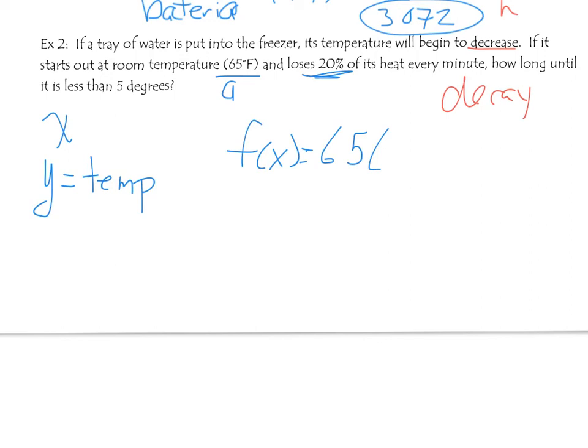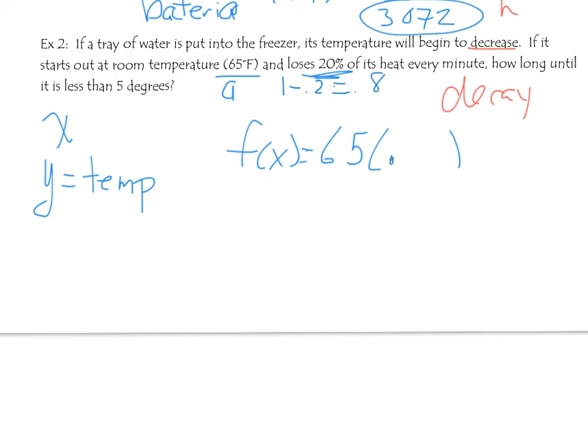So here's the part where you need to be a little careful. Because it loses 20%, I'm not putting 20% in here. Your equation is letting you know what the temperature will end up being. So instead of thinking I'm losing 20%, you want to think about how much of your temperature you are maintaining. And since I'm losing 20%, I'm maintaining 80%.